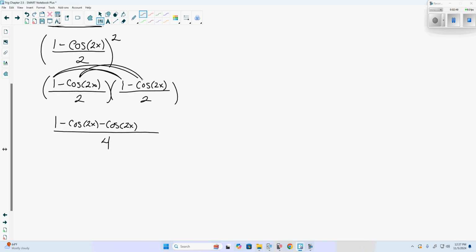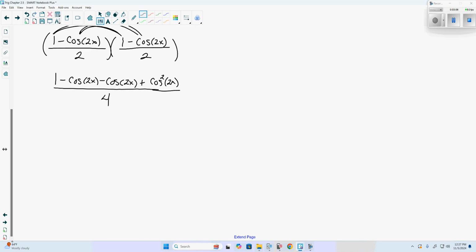And our negative cosine of 2x times negative cosine of 2x is going to be plus cosine squared of 2x. At this point, we're going to have to combine like terms. So our negative cosine of 2x minus cosine of 2x is going to give us negative 2 cosine of 2x.